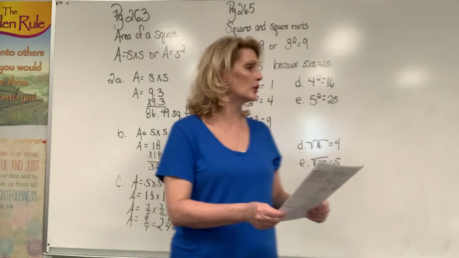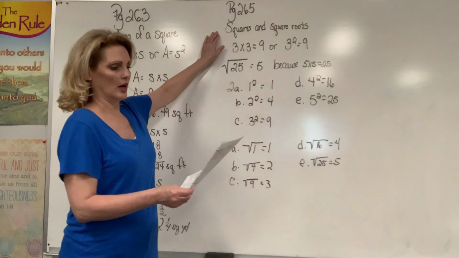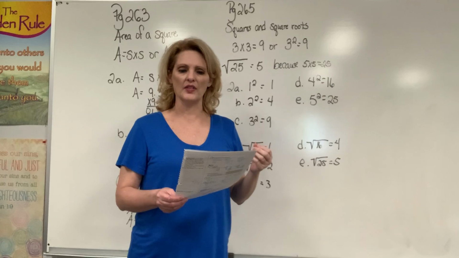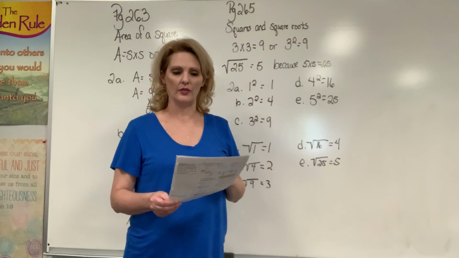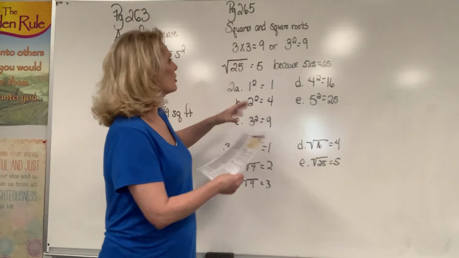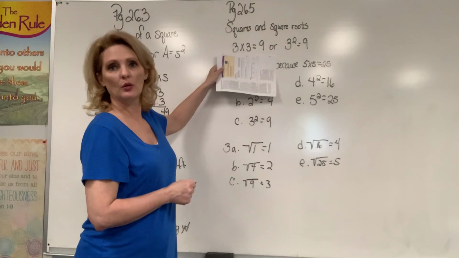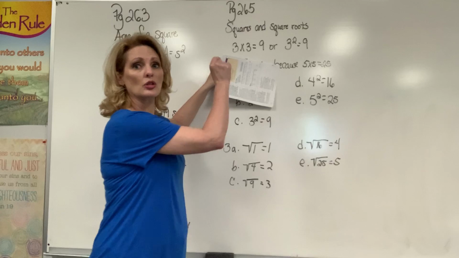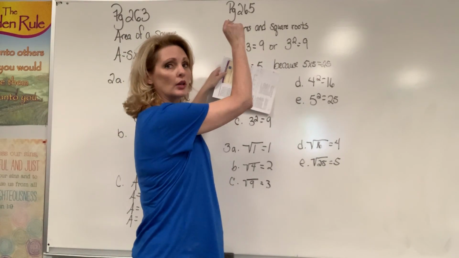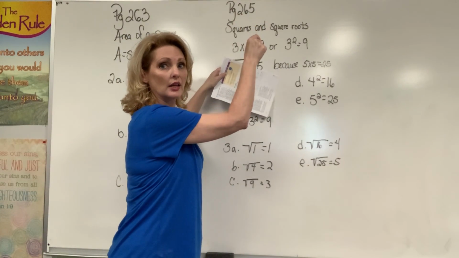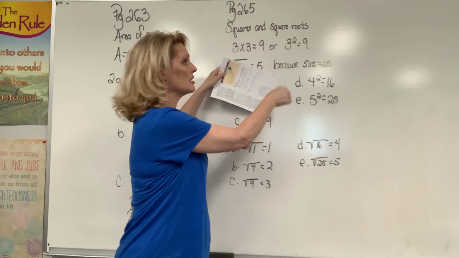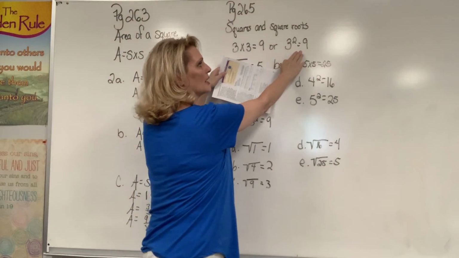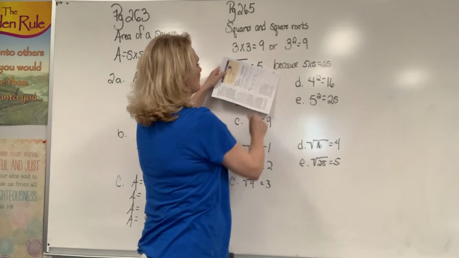Squares and square roots. Area of a square is the product of the side by itself. So 3 times 3 equals 9. Another way to write that is 3 with the exponent of 2, which means you're squaring it. 3 squared equals 9, so this mathematical sentence is the same as this. Okay?